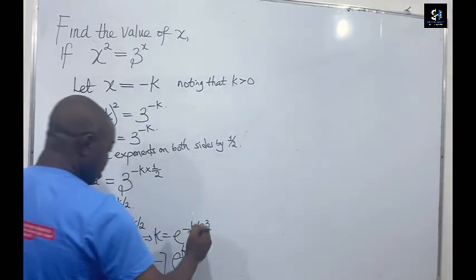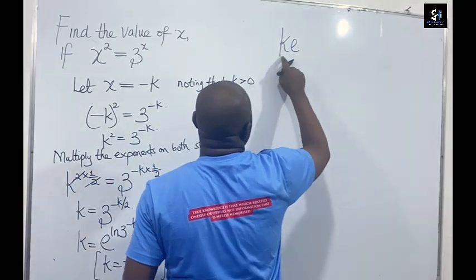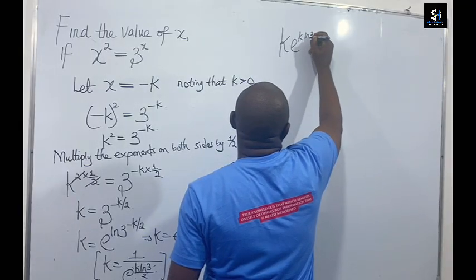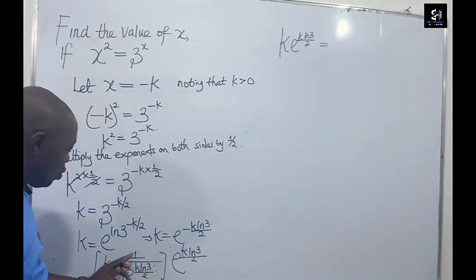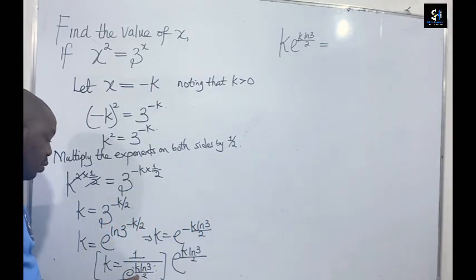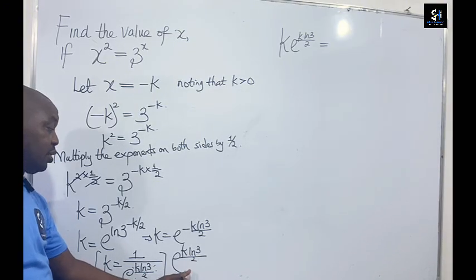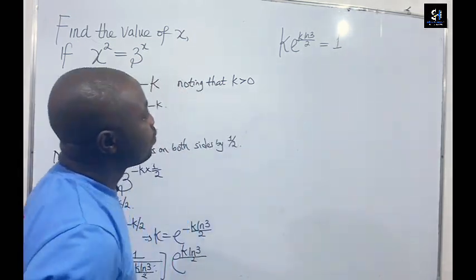When I do that, the left hand side will be k times e raised to the power of k ln 3 over 2 equals, now if I multiply 1 over e raised to the power of k ln 3 over 2 by e raised to the power of k ln 3 over 2, then I'm going to get 1 on the right hand side.